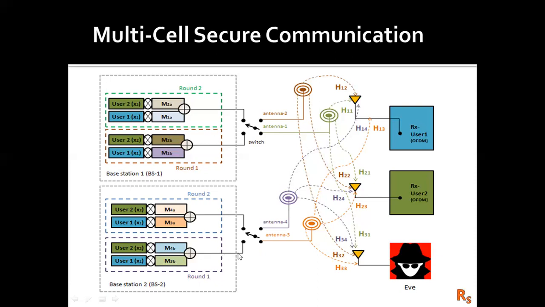The data is transmitted from two separate antennas via dual transmission, and the dual transmission occurs simultaneously from the two base stations, with the help of four total antennas.